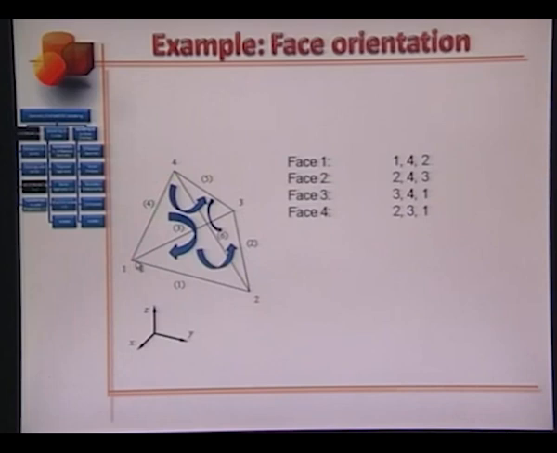Likewise, the bottom face can also be ordered counterclockwise to have the thumb of your right hand pointing into the tetrahedron.